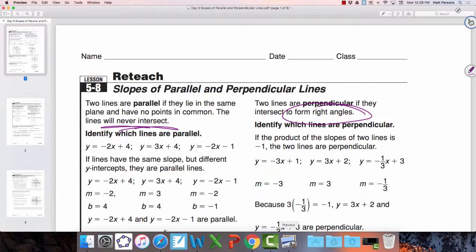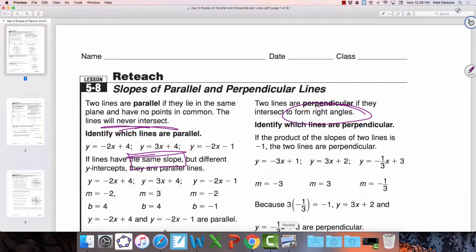Now, as far as equations go, parallel and perpendicular lines have different properties. If lines are parallel, they have the same slope. And for perpendicular, the product of the slopes ends up being -1.